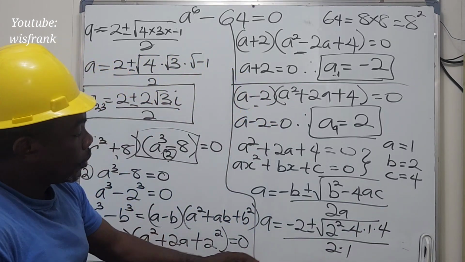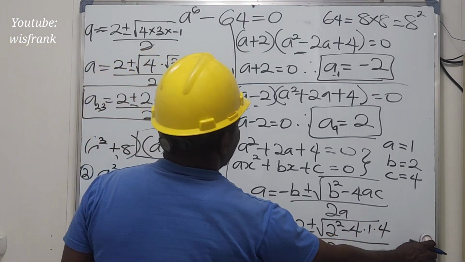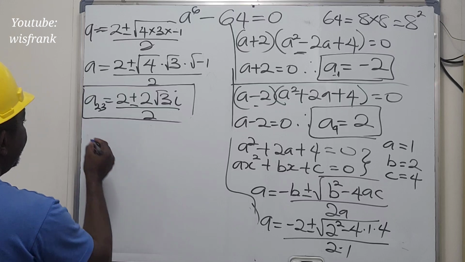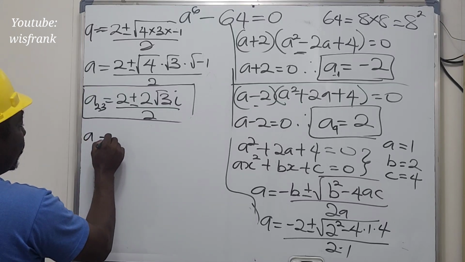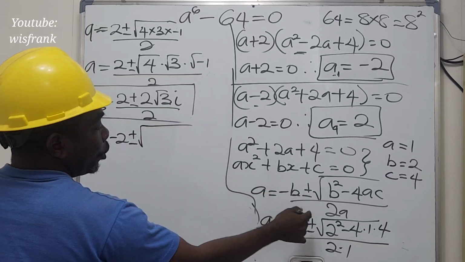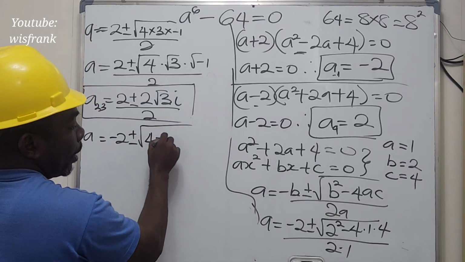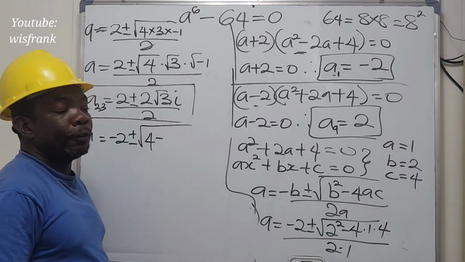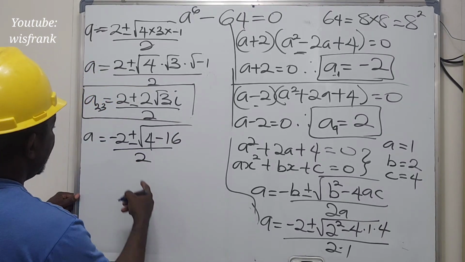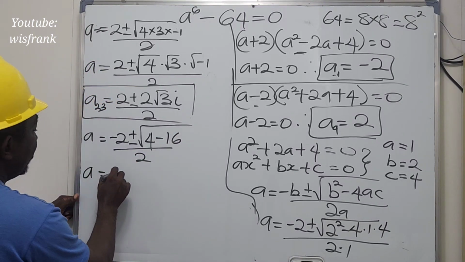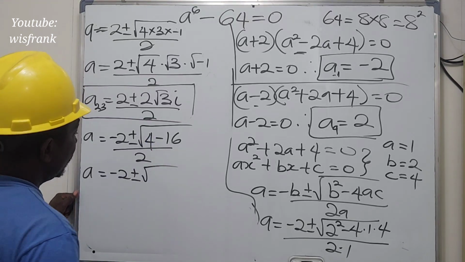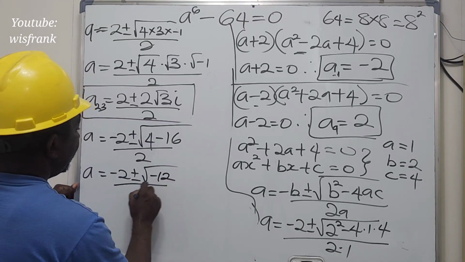So we have a equals minus 2 plus or minus the square root of 4 minus 16, which will become minus 12, all over 2.